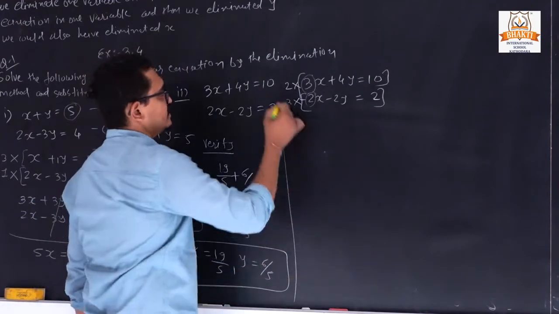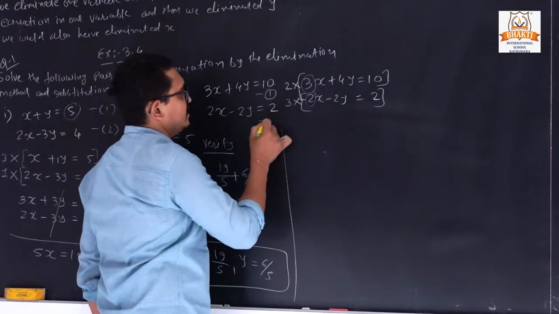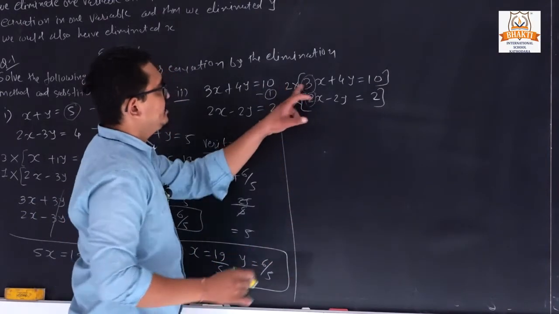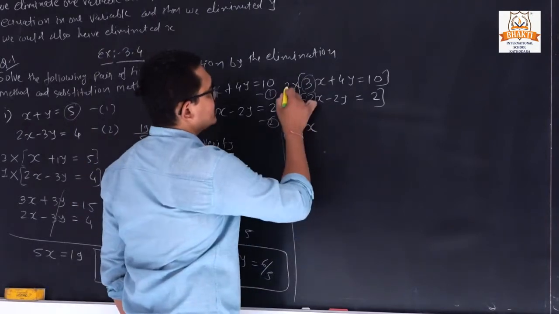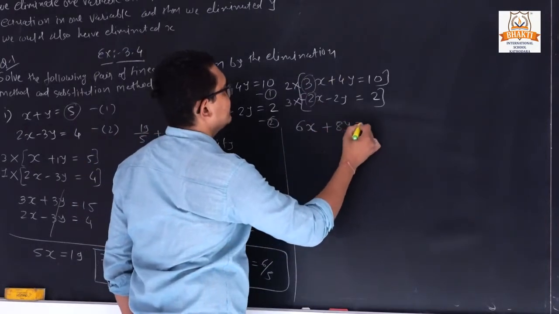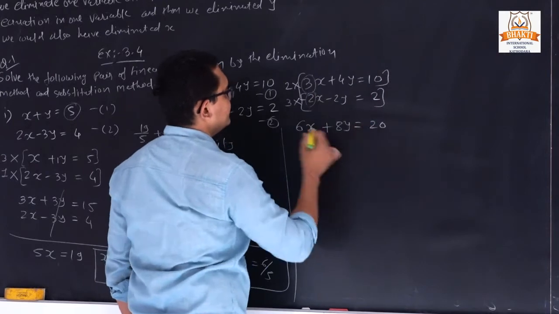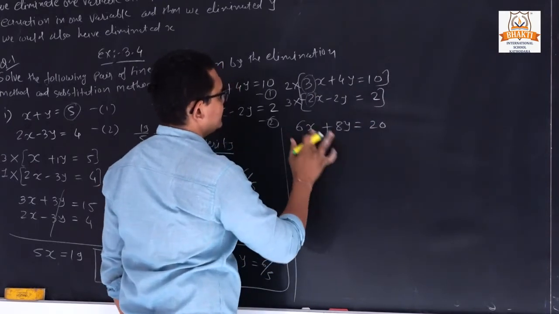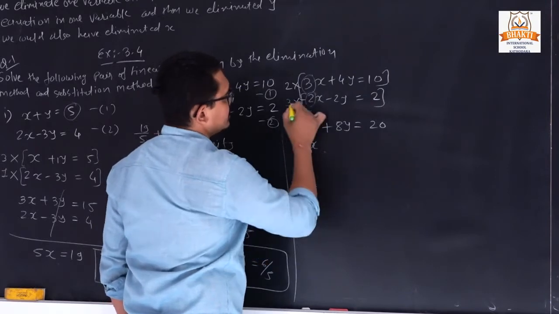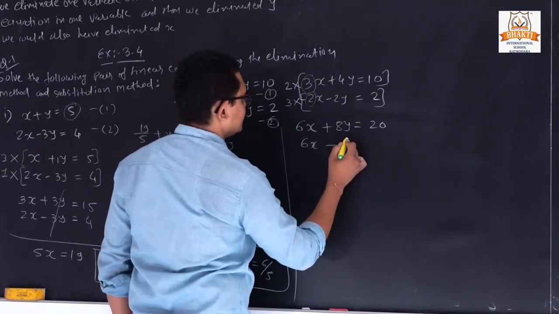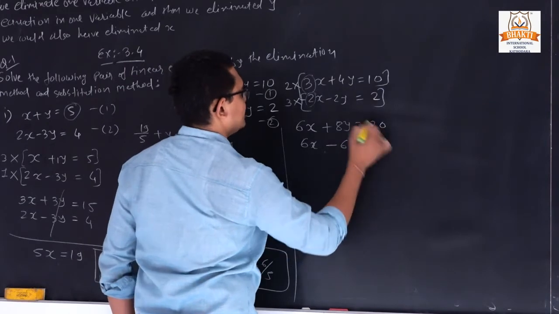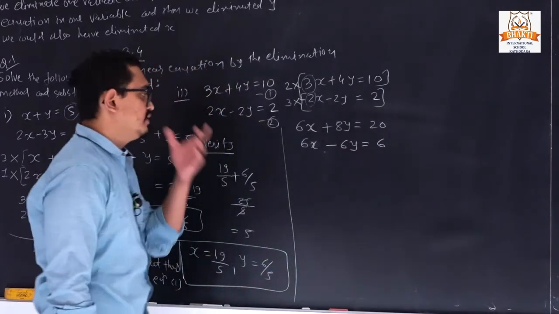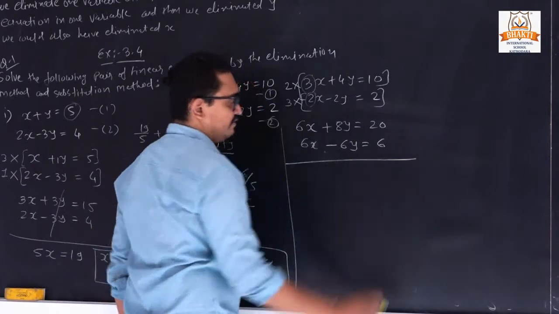So 3 twos are 6x, 2 fours are 8y, 2 tens are 20. And in the second, 3 twos are 6x, and 3 times 2 is 6y, equal to 6. Now we want to eliminate.